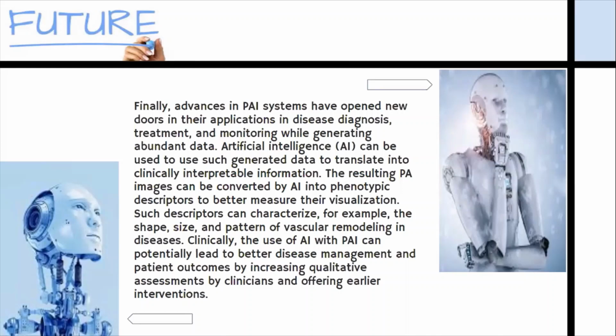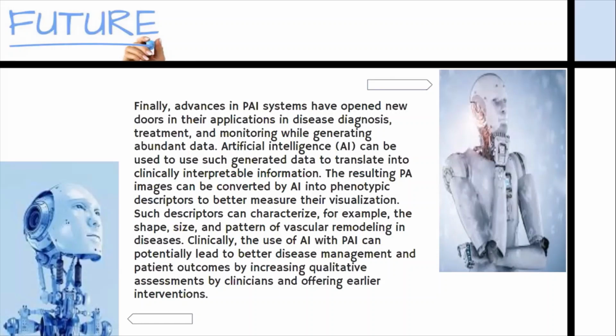The resulting PA image can be converted by artificial intelligence into phenotypic descriptors to better measure their visualization. Such descriptors can characterize, for example, the shape, size, and pattern of vascular remodeling in disease.